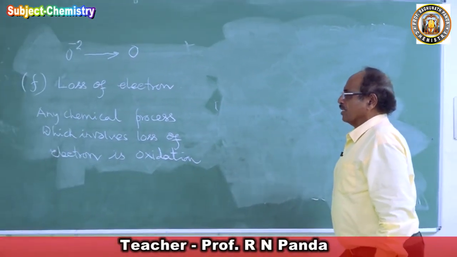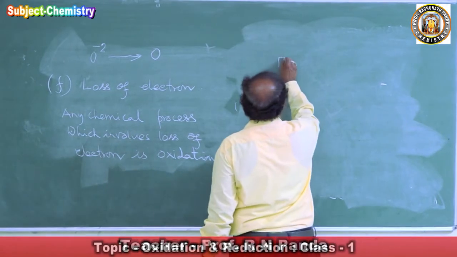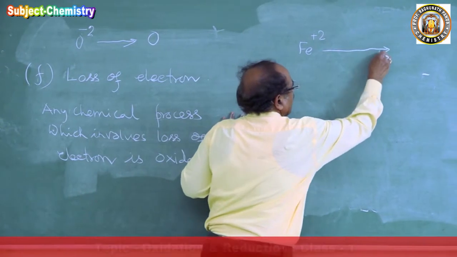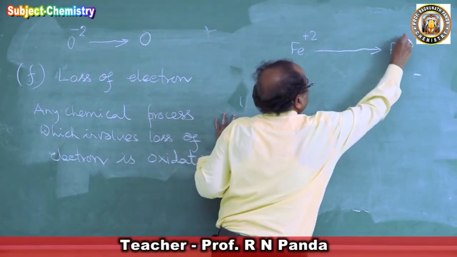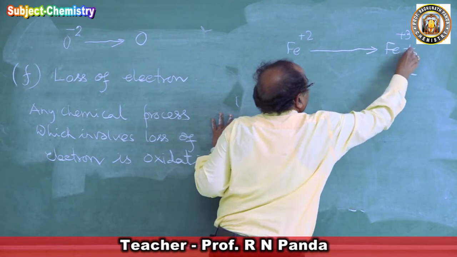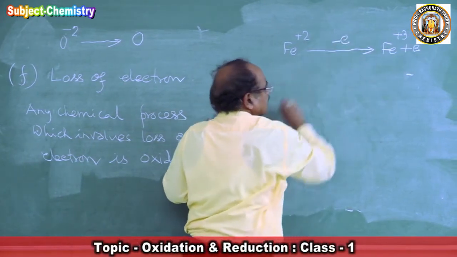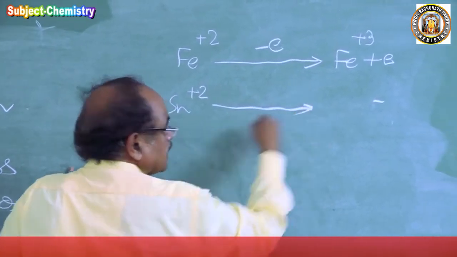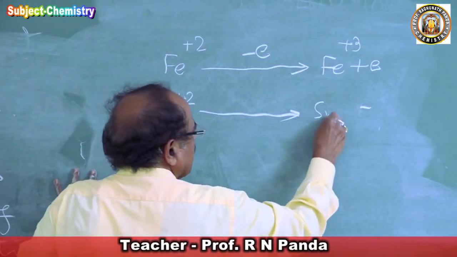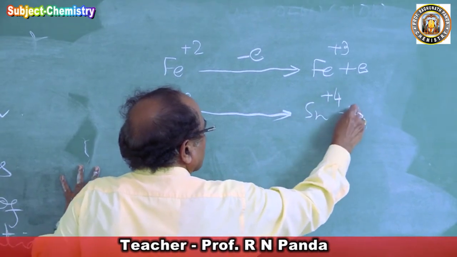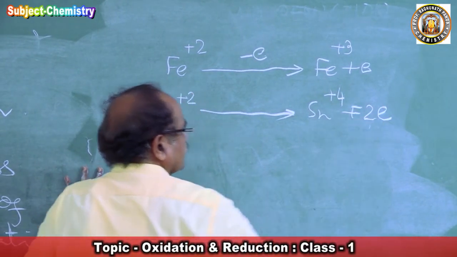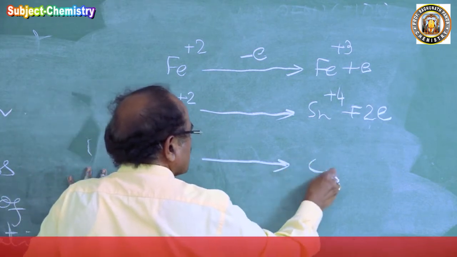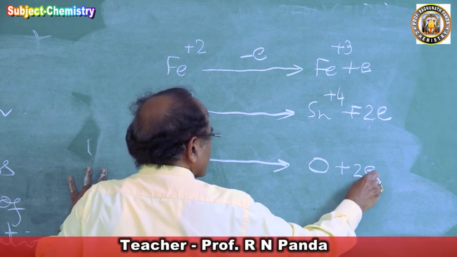So we have, suppose, ferrous Fe+2. This becomes ferric Fe+3. So there is a loss of 1 electron. 1 electron is lost. Or we have stannous +2. This becomes stannic +4 and there is loss of 2 electrons. Or oxide O-2. This forms oxygen plus 2 electrons.